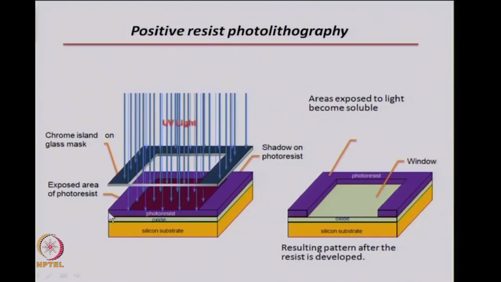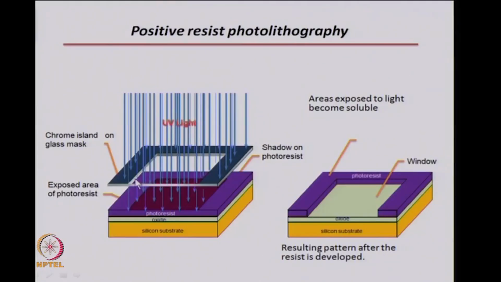So, this is your substrate, and then this is your oxide layer, which is your film. In the previous slides we were talking of a film on a substrate. Here that film is made of some oxide, and then you have the photoresist on top of that, and then you have this mask. This mask can be some metal, which is not sensitive to UV light.